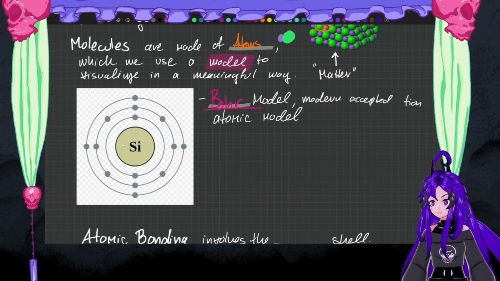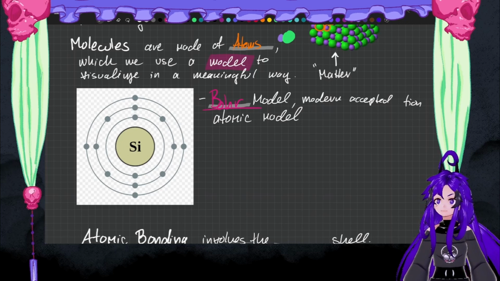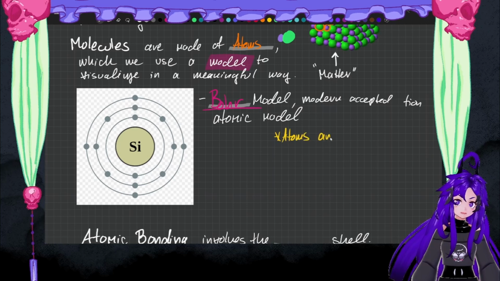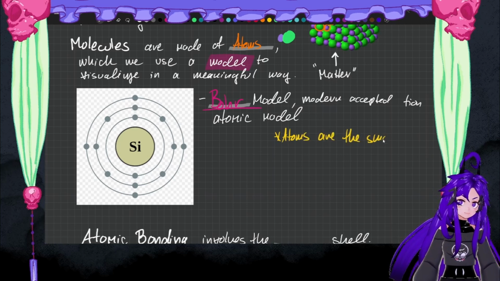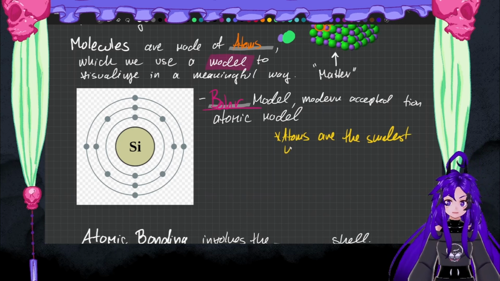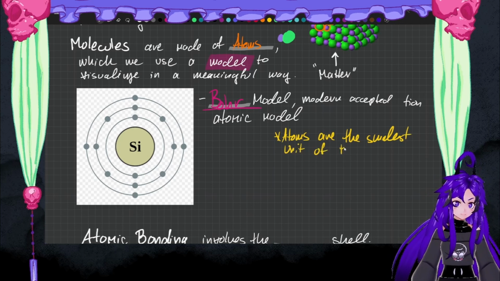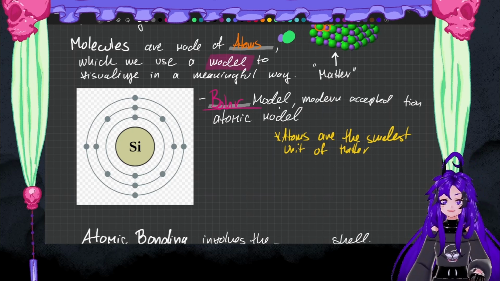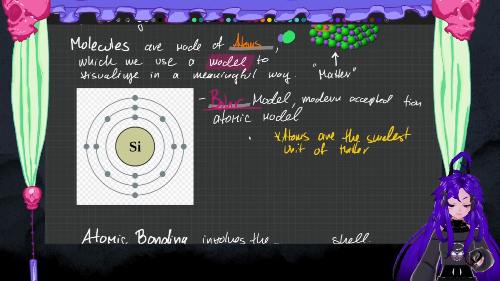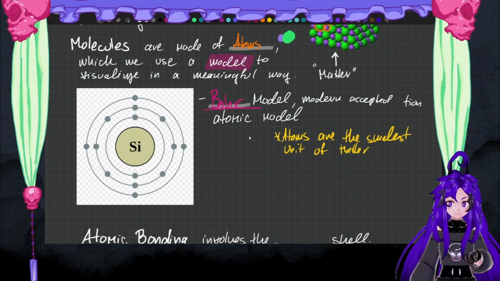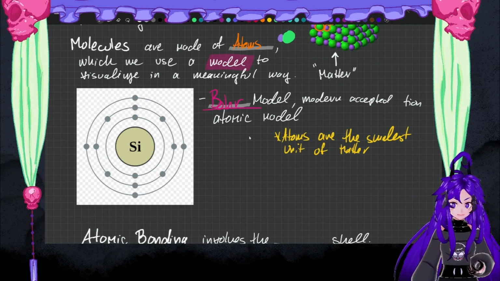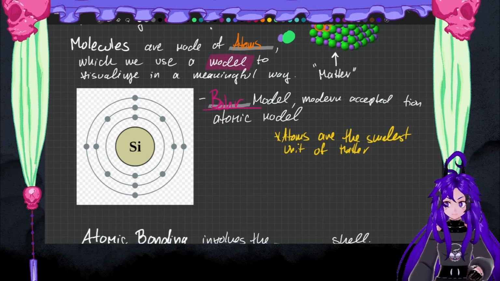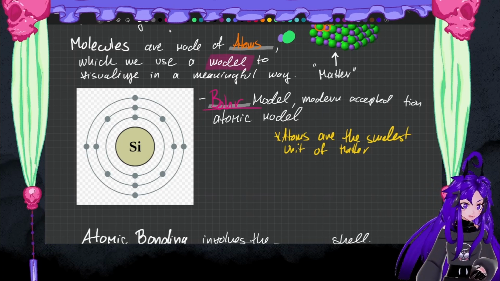So inside of an atom, well, first of all, atoms are the smallest unit of matter. Okay, so what that means is that you can break down a piece of graphite into atoms, and it's still graphite. But you cannot break it down any further and still have it be graphite, okay?